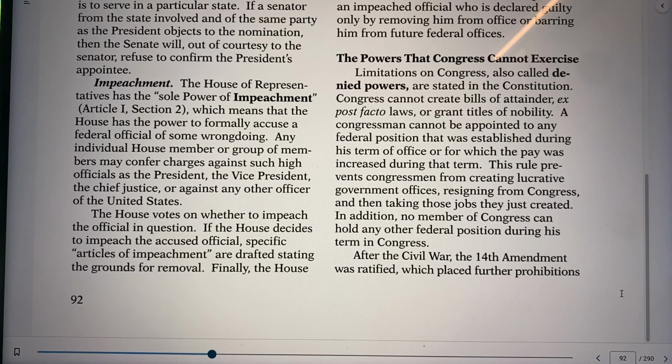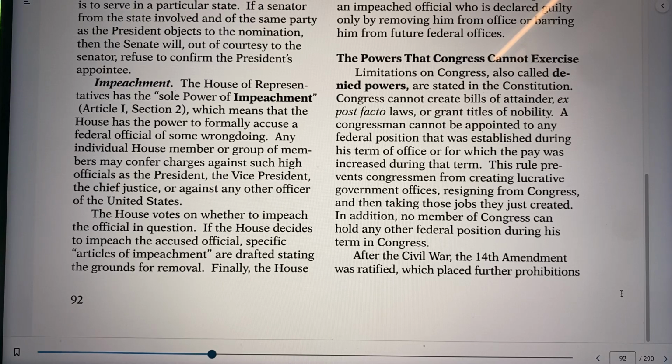So the House of Representatives has the sole power under Article 1, Section 2 to impeach. What is impeachment anyway? Impeachment is to formally accuse a federal officer of wrongdoing.